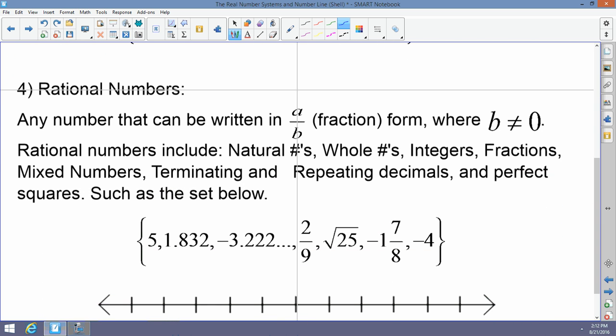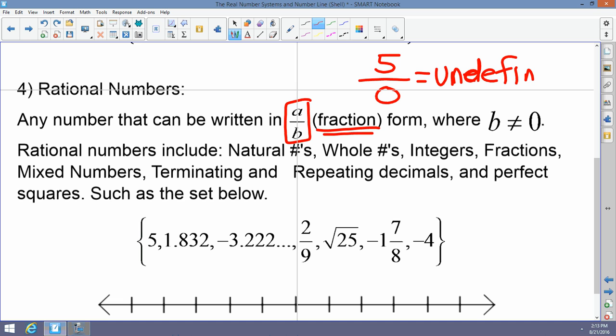Now, rational numbers are any number that can be written in a over b or fraction form. If you can write a number as a fraction, it's a rational number. Very important though, in this fraction form, the b, the denominator, cannot equal 0. Because if you have 0 in the denominator, for example, 5 divided by 0, that is what is known as undefined.